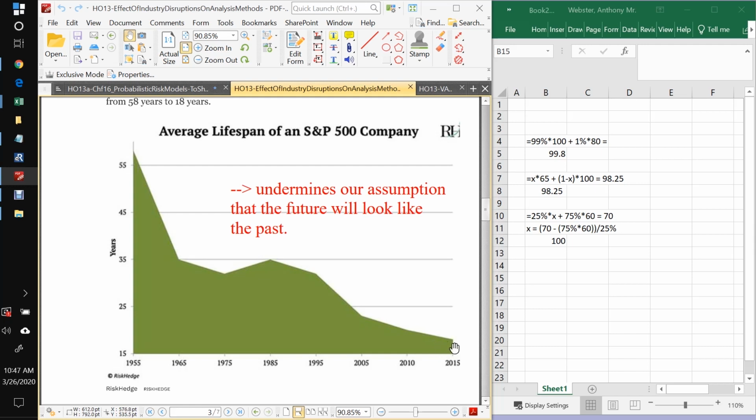So if the companies are only lasting 20 years, clearly our future looks like the past model is not going to work well because our data set isn't big enough to make it work well. Okay, enough on that.